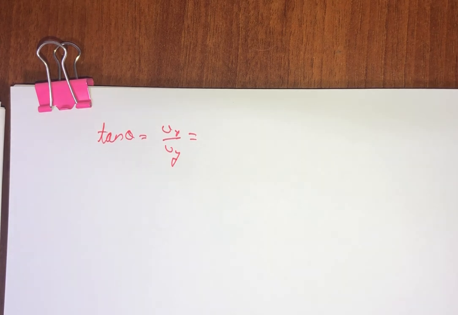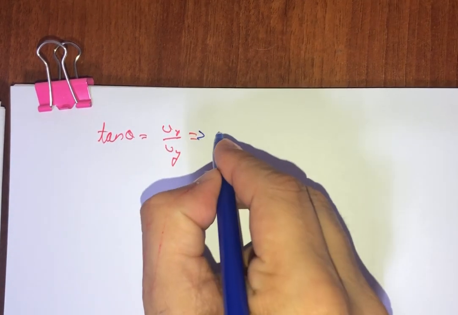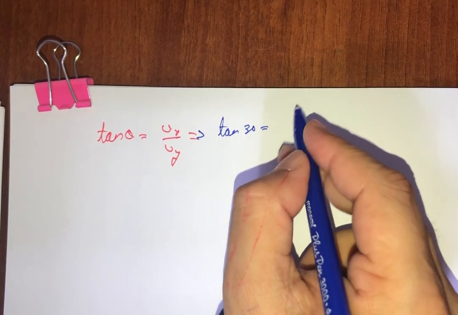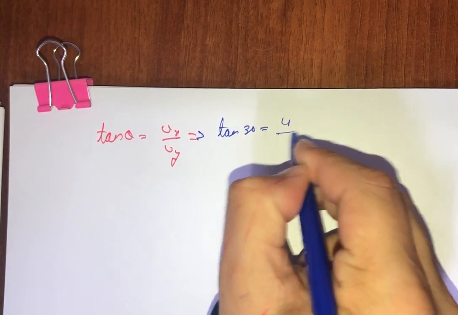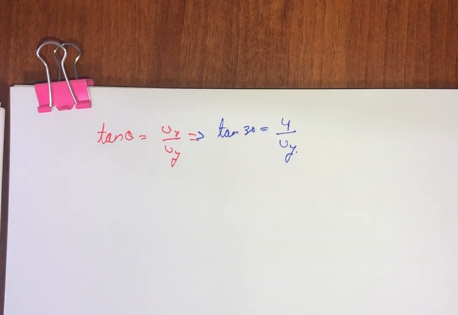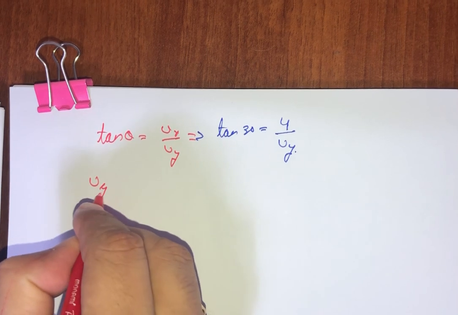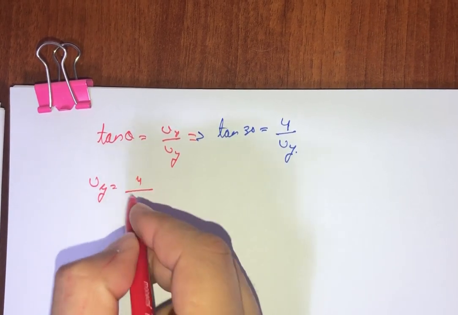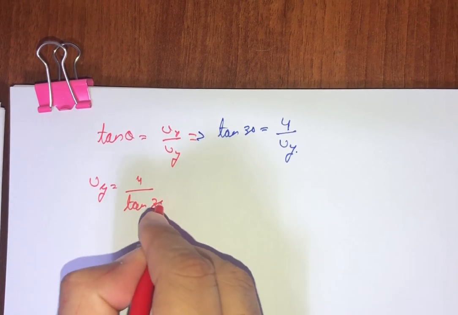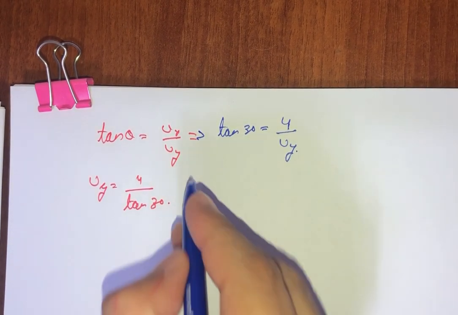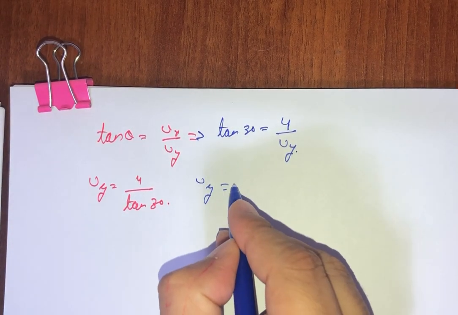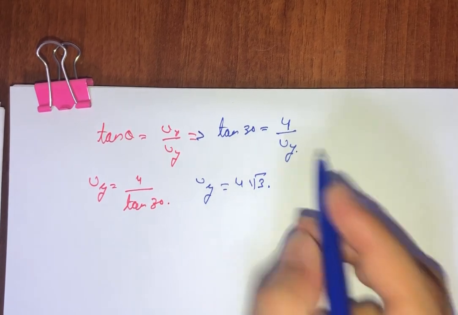We can see that tangent of 30 degrees will be equal to Vx, which is 4, we already found out, and Vy we are going to find out. So Vy is equal to 4 over tangent of 30, and from here we get Vy equal to 4 root 3.